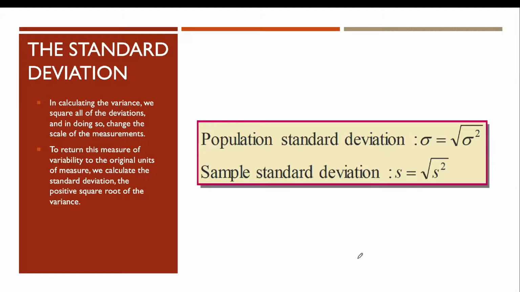Meanwhile, the standard deviation. In calculating the variance, we square all the deviations, and in doing so, change the scale of the measurement. To return this measure of variability to the original units of measure, we calculate the standard deviation, the positive root of the variance. So if the question is about the population standard deviation, this is the value because of the formula just now.